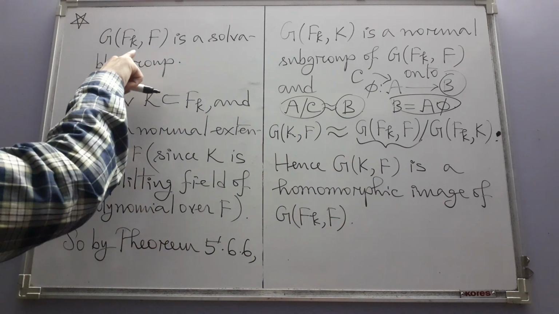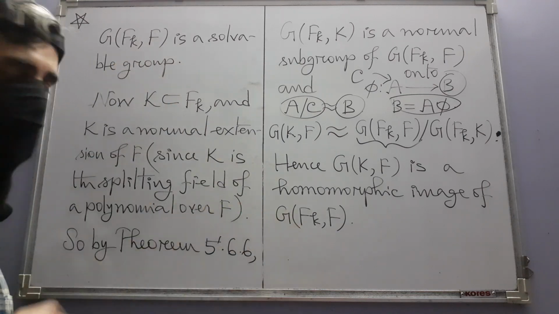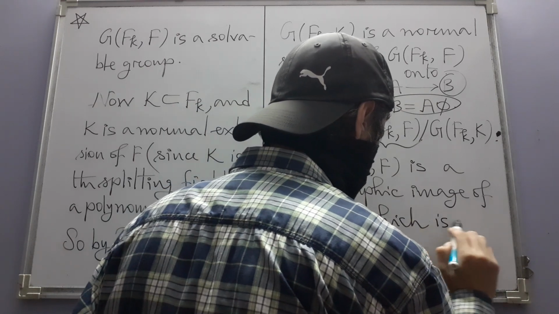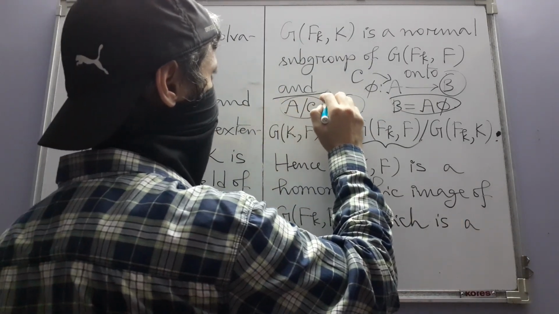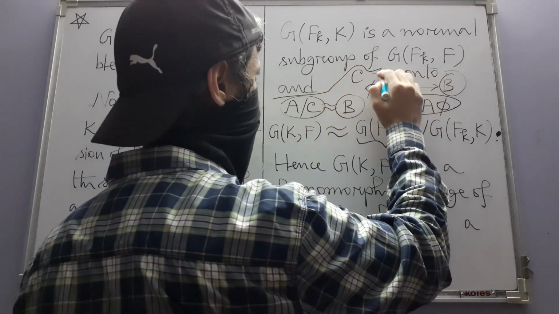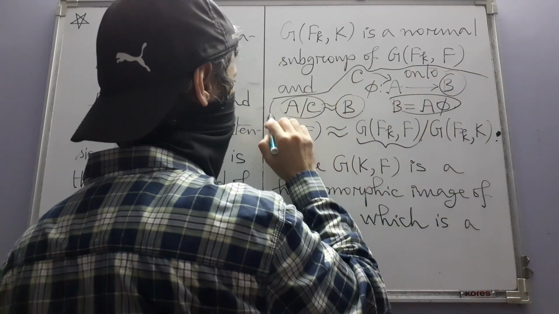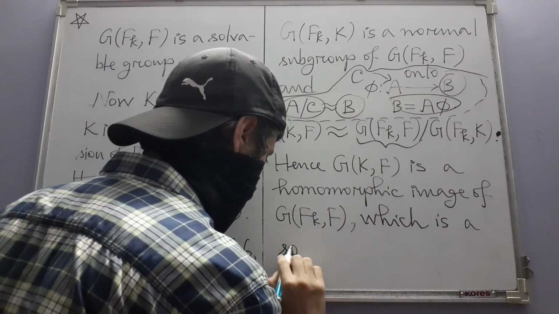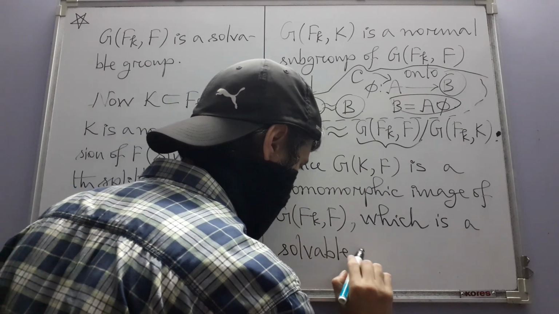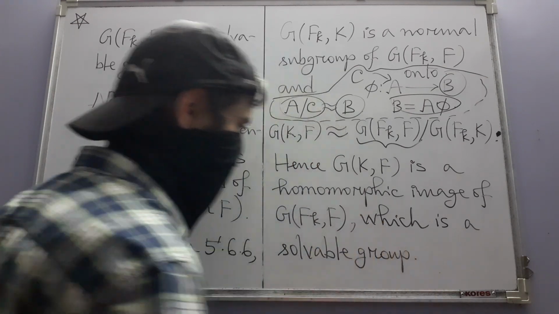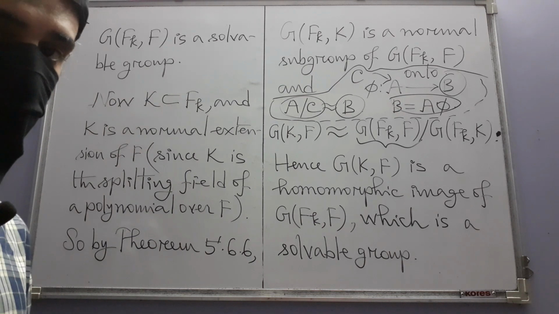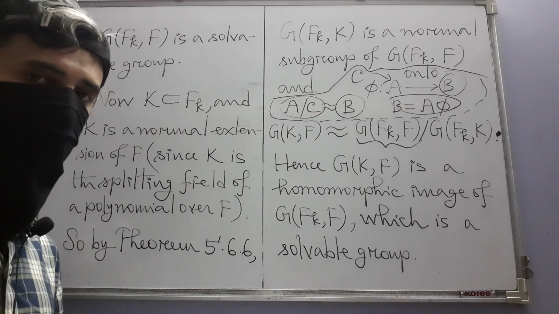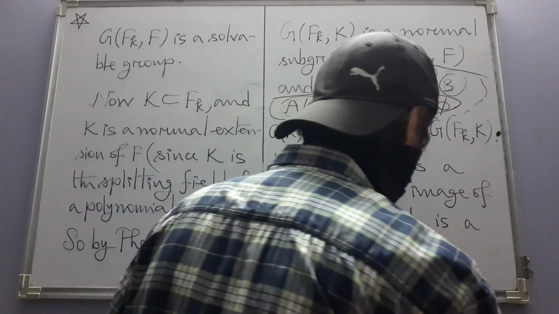And just now we have concluded that this is a solvable group. Is every homomorphic image of a solvable group itself solvable? Yes. And that is our corollary to lemma 571, which we have already seen.